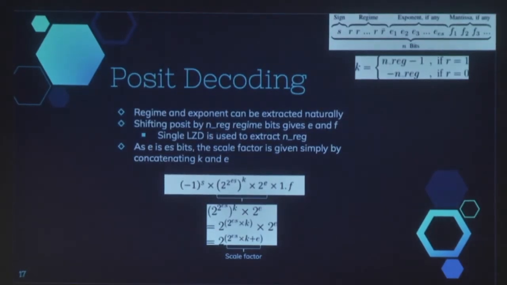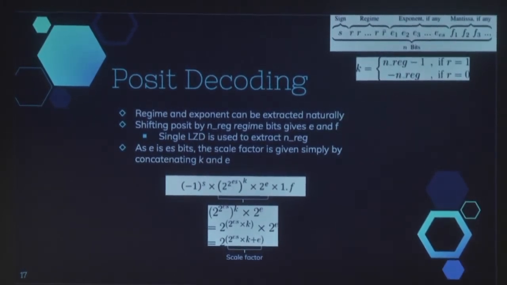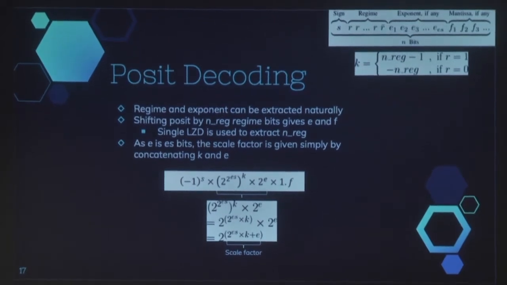For the decoding, the regime and exponent can be extracted naturally. If you shift the posit by a certain number of regime bits, we get E and F, the exponent and the mantissa, and we use a single leading 0 detector to extract the regime bits. The ES bits here give E, the exponent.